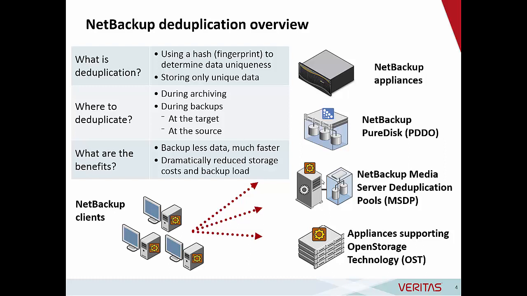MSDP pools originally had a lot less capacity than PDDO did, so the pure disk pools were still a part of NetBackup for some time until the MSDP kind of caught up, and so now in the appliance form factor you can have much larger pools than you ever could with PDDO.